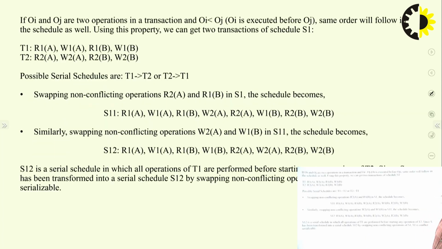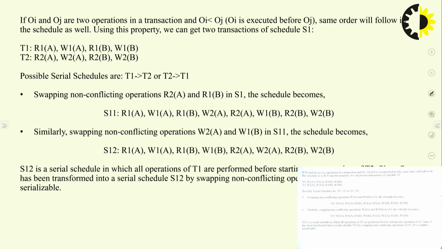If Oi and Oj are two operations in a transaction and Oi comes before Oj, meaning Oi is executed before Oj, the same order will be followed in the schedule as well.